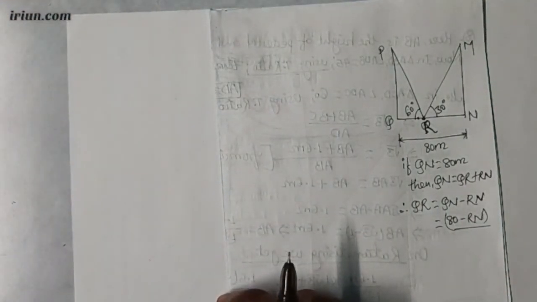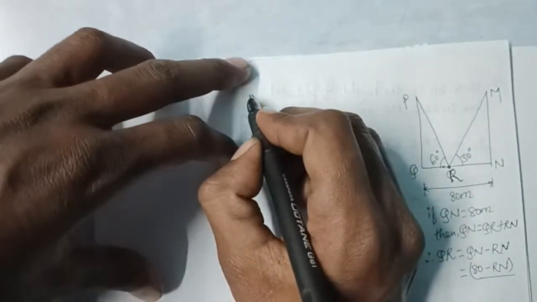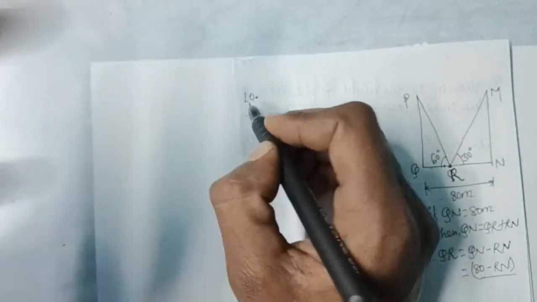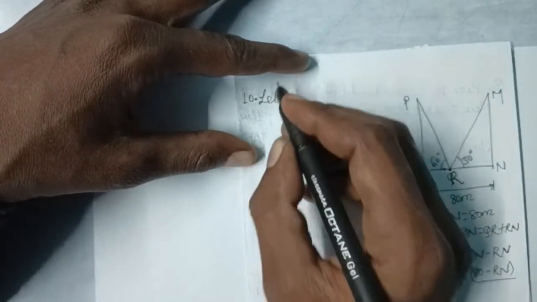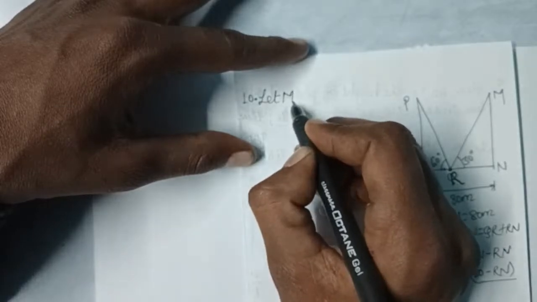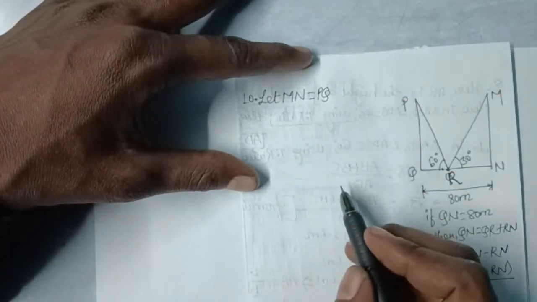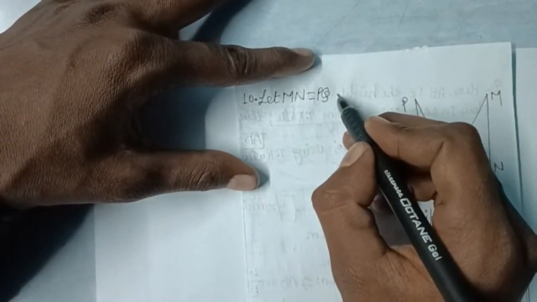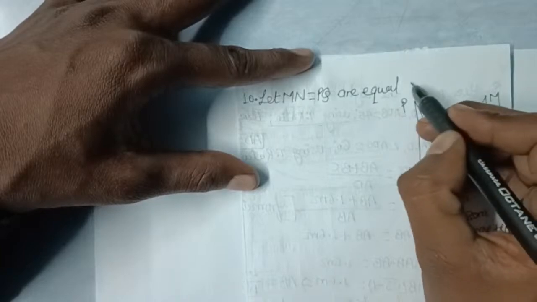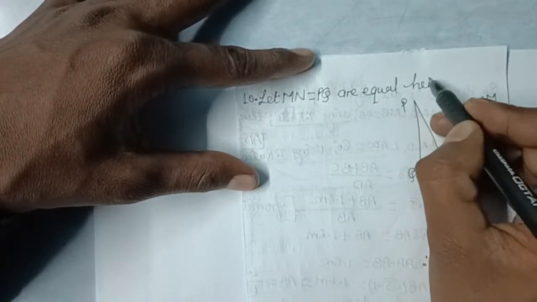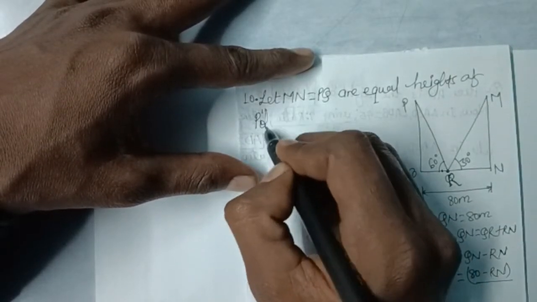let's suppose here, this is question number 10. Let MN equal PQ, equal heights of poles.